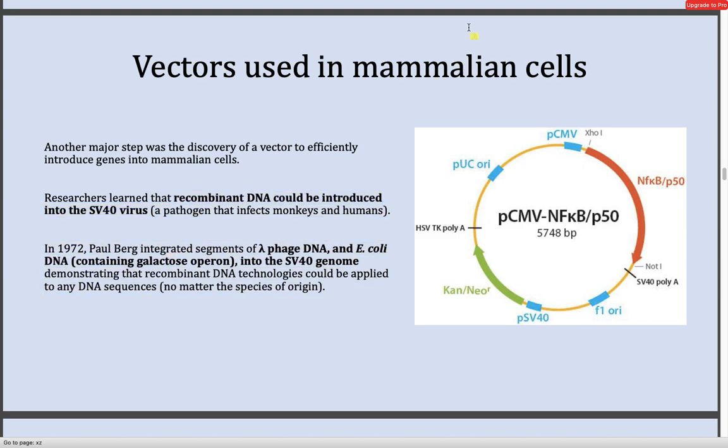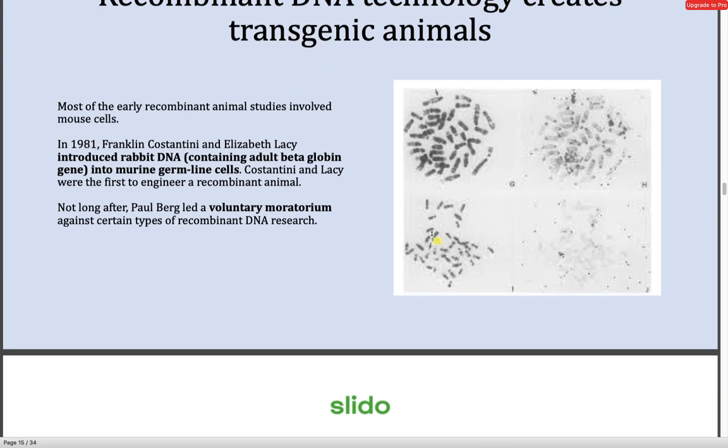But when he realized that he could do this, in the 70s itself, he actually suggested a moratorium on all recombinant work. So a moratorium is when we just want everyone to stop doing any sort of work. I see some very confused faces. So the reason why he wanted a moratorium was because he realized that if you are able to make something like that, which is a combination of phage, virus, and bacterial DNA, anyone can come up with anything.